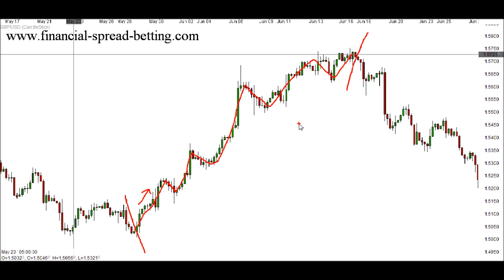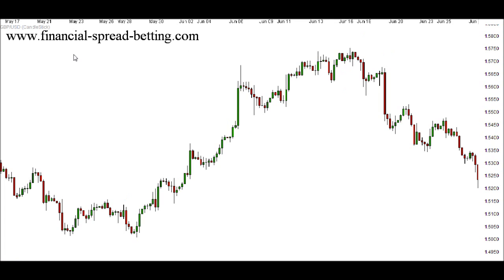A characteristic of an uptrend is what we would call the highs and lows of a trend. The high being the level where price stopped pushing and then pulled back. So just here, here, and so on. And let's mark them on our chart. So price pushes and then pulls back.